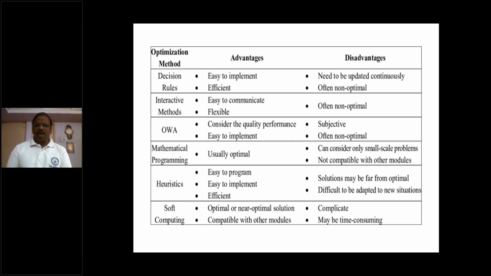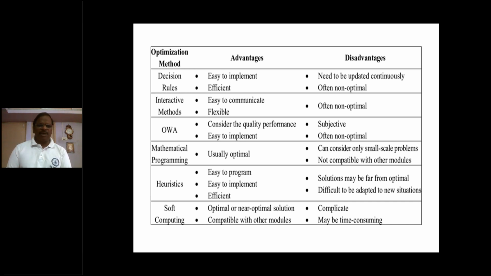They are often non-optimal; sometimes the optimal solution is never given by this method. Then interactive methods are easy to communicate and flexible to use, but often non-optimal, meaning some solutions are not optimized.